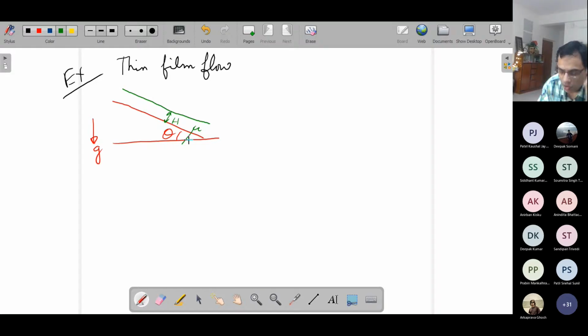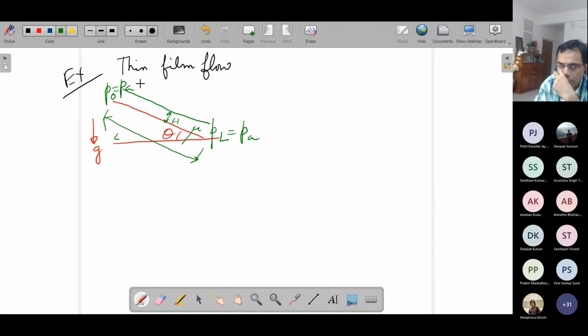Solely due to gravity because P0 and PL, where L is the length of the inclined plane, both are atmospheric. So it is simply an open atmosphere in which a thin film is flowing down.